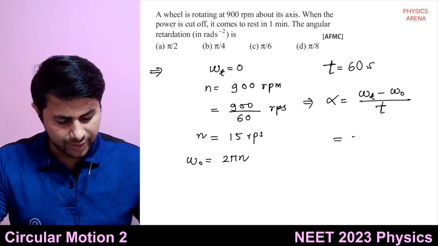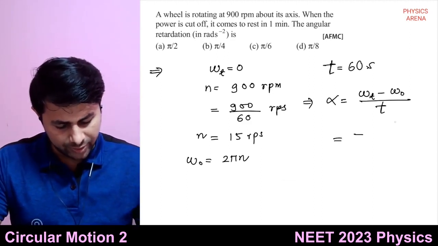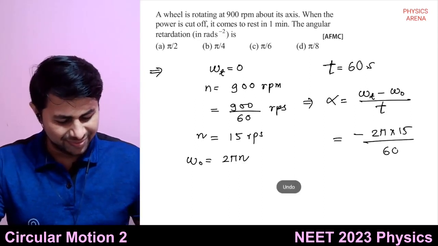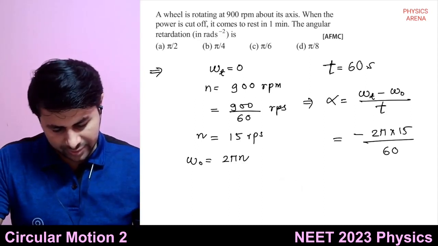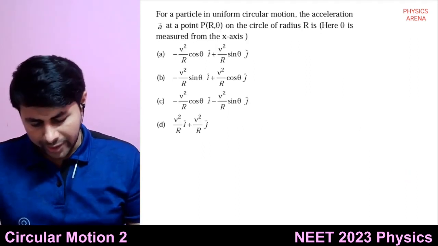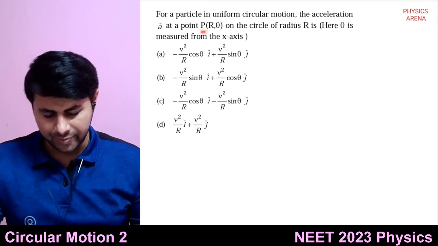So let's substitute the values. Omega t is 0. It is minus omega naught, which is 2 pi multiplied by 15, divided by 60. What's the answer? Pi by 2.